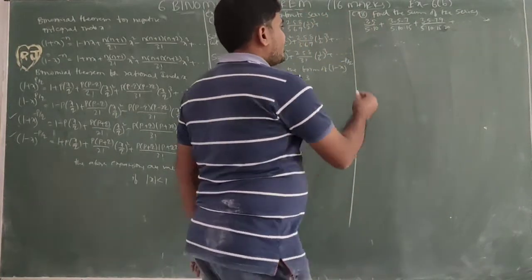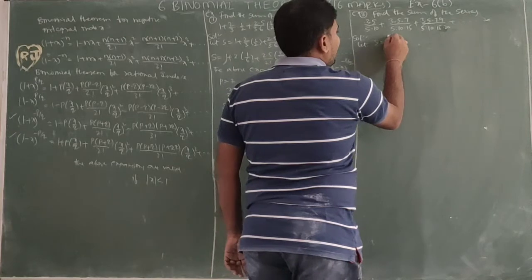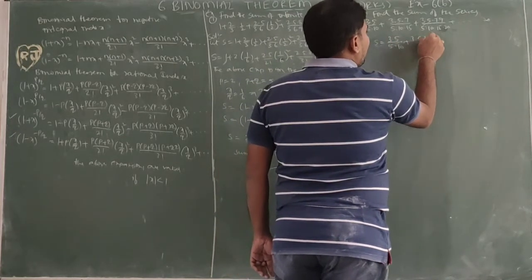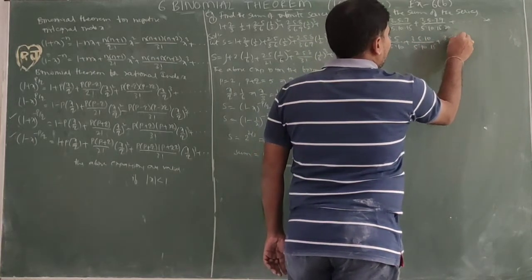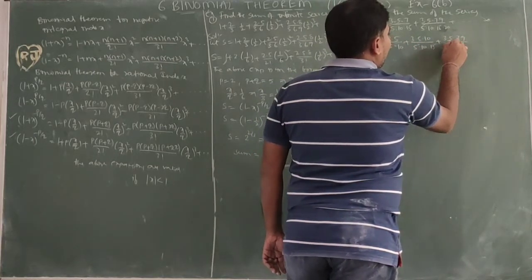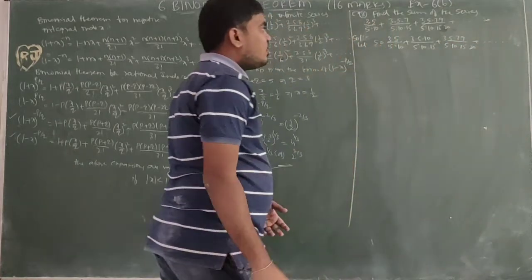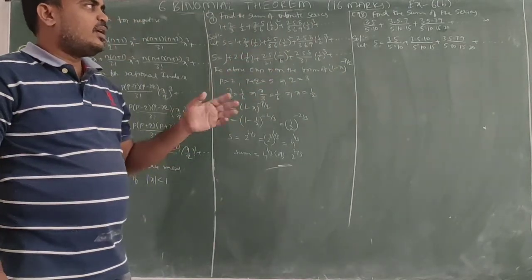Okay, the solution. Let S equal to (3·5)/(5·10) plus (3·5·7)/(5·10·15) plus (3·5·7·9)/(5·10·15·20) plus up to so on. I want to write the denominator in the 5 table.